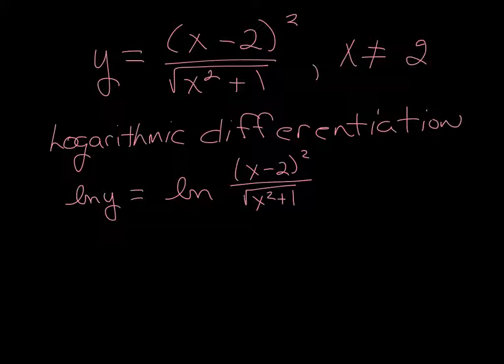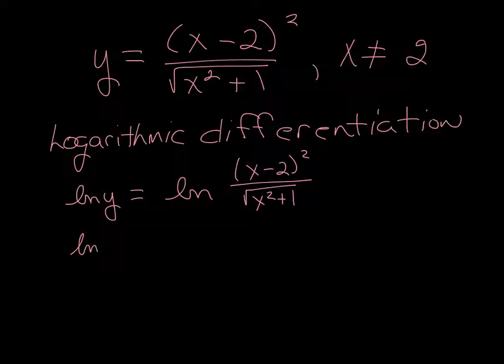So if we take the derivative of both sides, we're going to get y prime over y. I probably should have expanded that first. Let me erase this and expand the right side first.